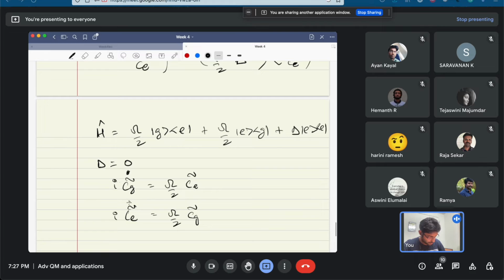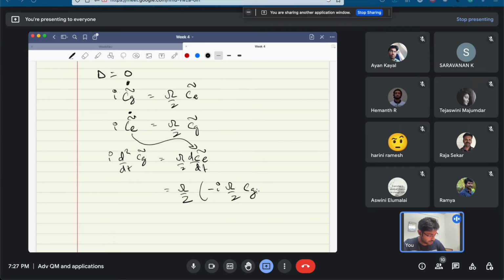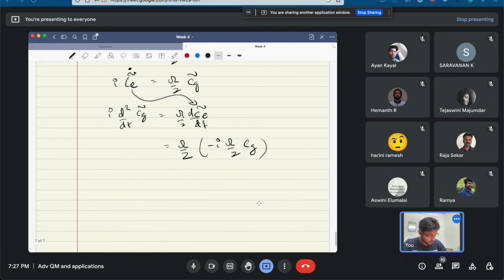So this is basically your coupled differential equation. What you do is take the double derivative of CG, and what you get on the right is a single derivative of CE, and you substitute this here. So you will get minus i by 2 CG.